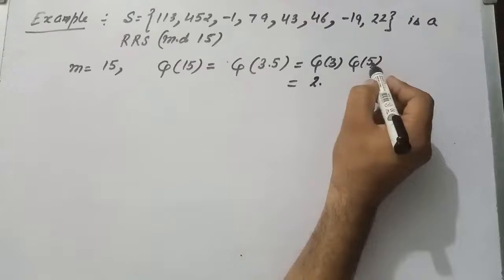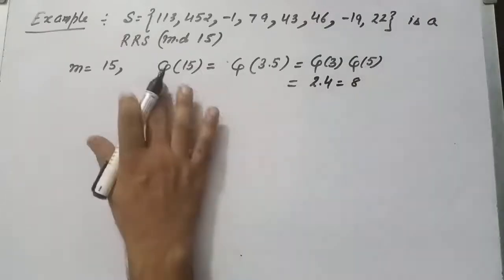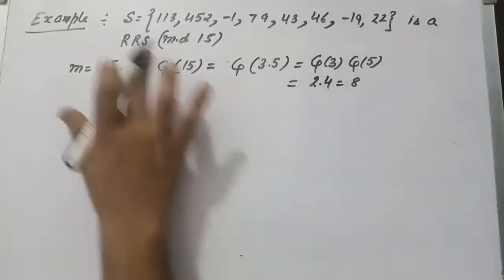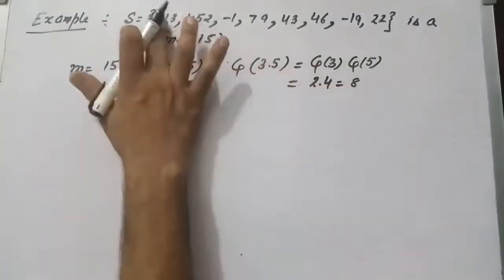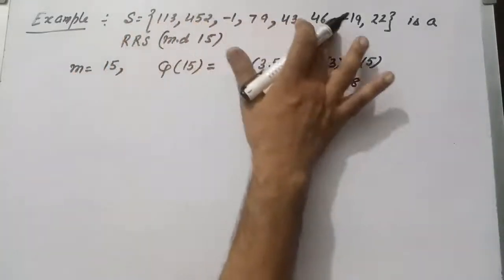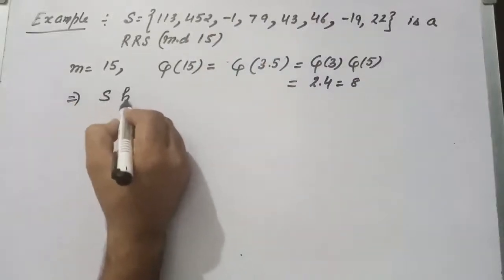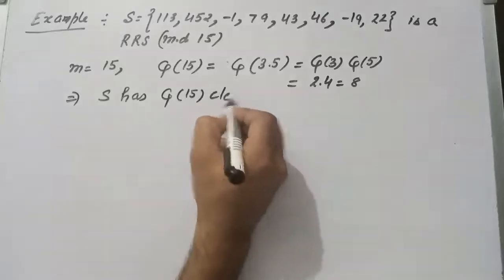And phi of 5 is 5 minus 1, that is 4. So that is 8. So phi of 15 is 8. So first we have to check how many elements this set S has: 8 elements, 1, 2, 3, 4, 5, 6, 7, 8. So this implies S has phi of 15 elements.